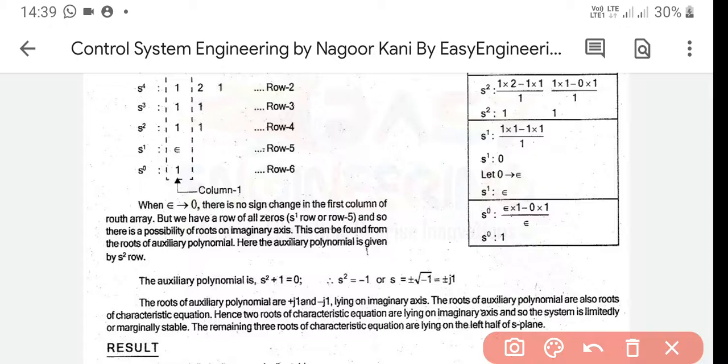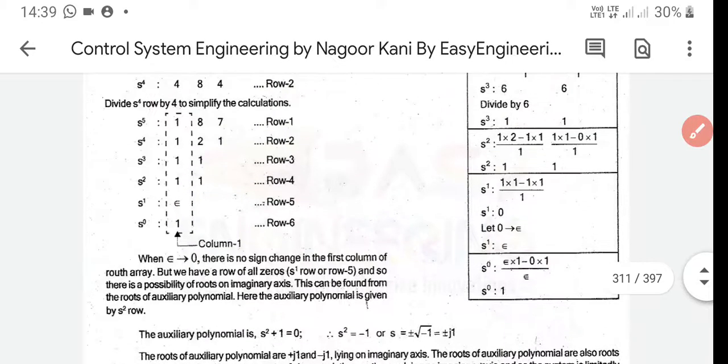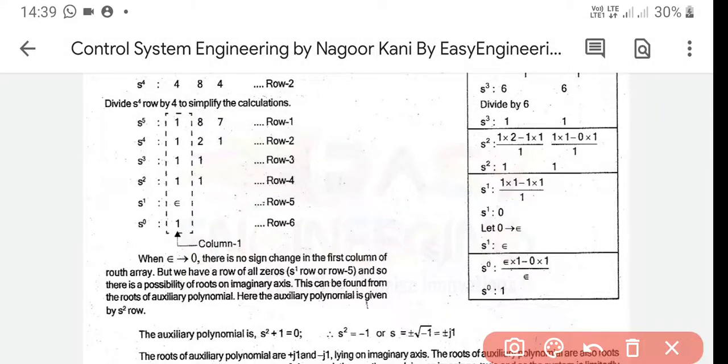So here when you are replacing it with a 0, your route array is changed like this. There is no sign change also, but this is a somewhat different case. You can say this case as a case 2 and case 3. Why?